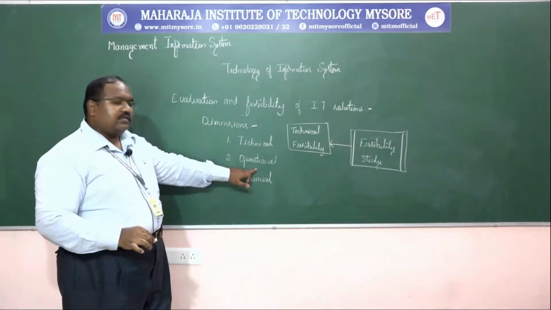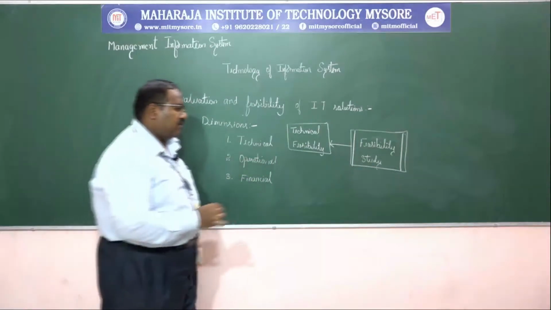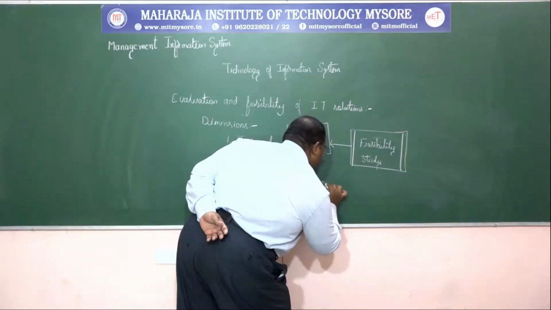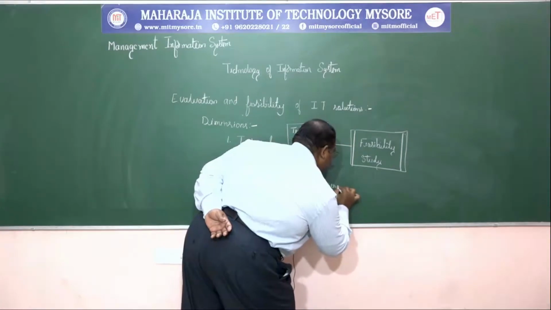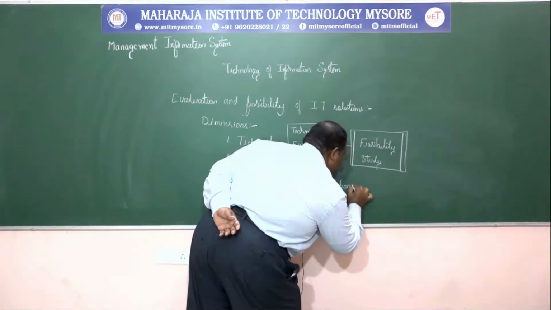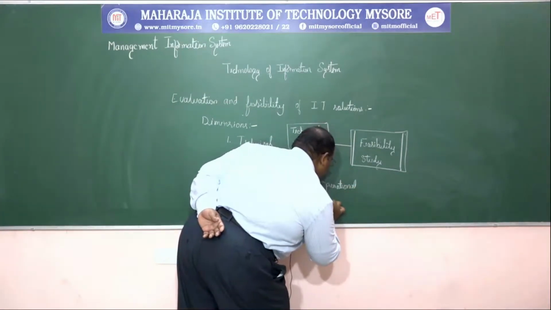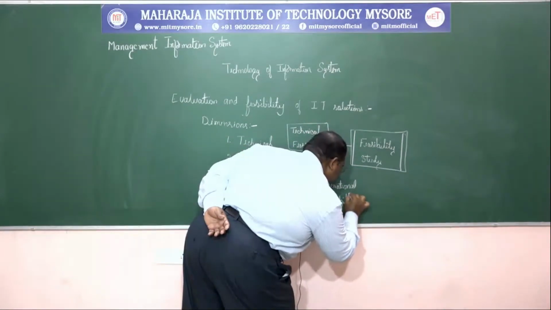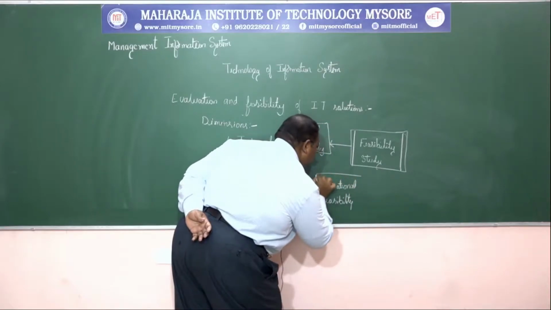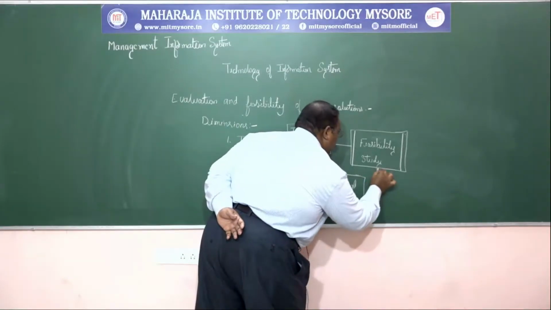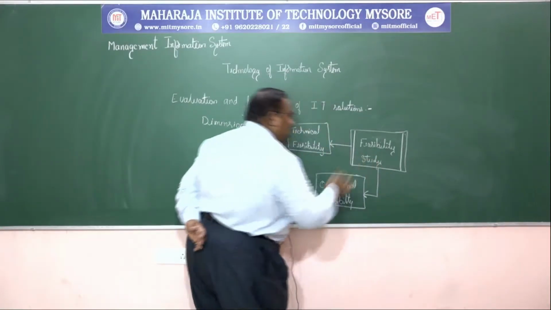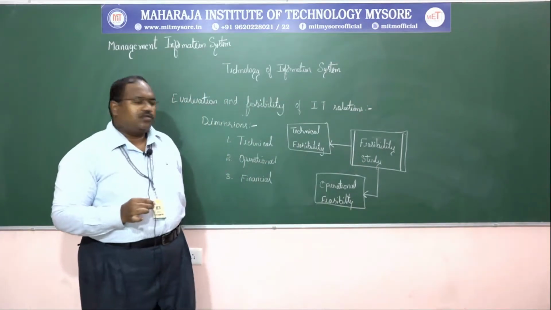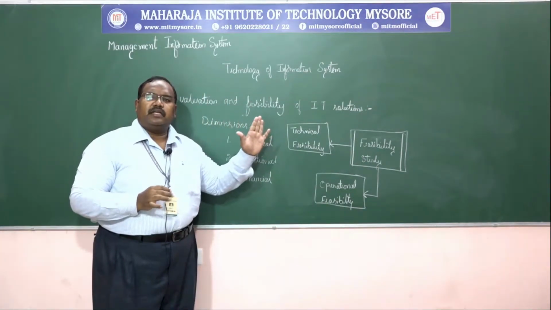What is the second one? Second one is the operational feasibility. This is also directly associated with the concept of feasibility study.